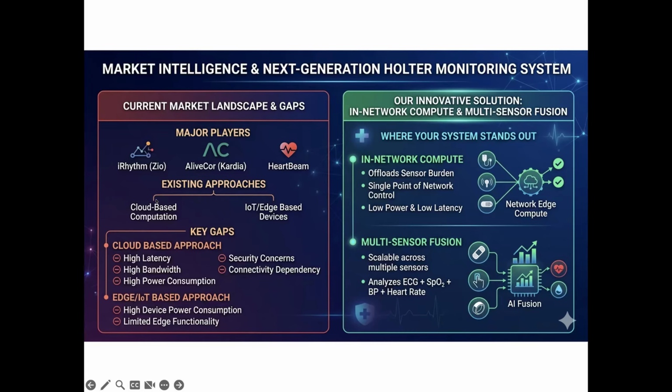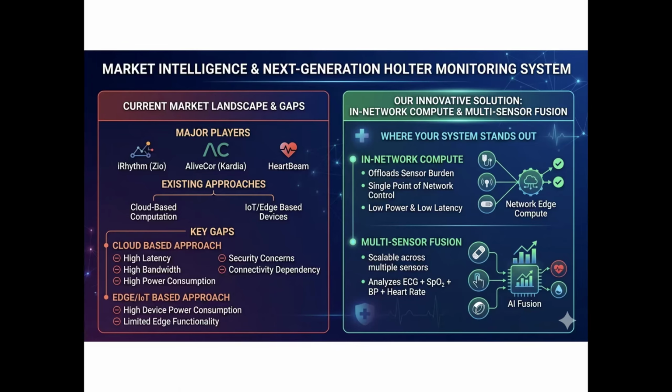If you look at iRhythm and Heartbeam, their approach is cloud-based computation, which means they send all the data that's monitored by the sensor to the cloud, the required ML models are run on the data in the cloud, and the results are fetched back to the devices.